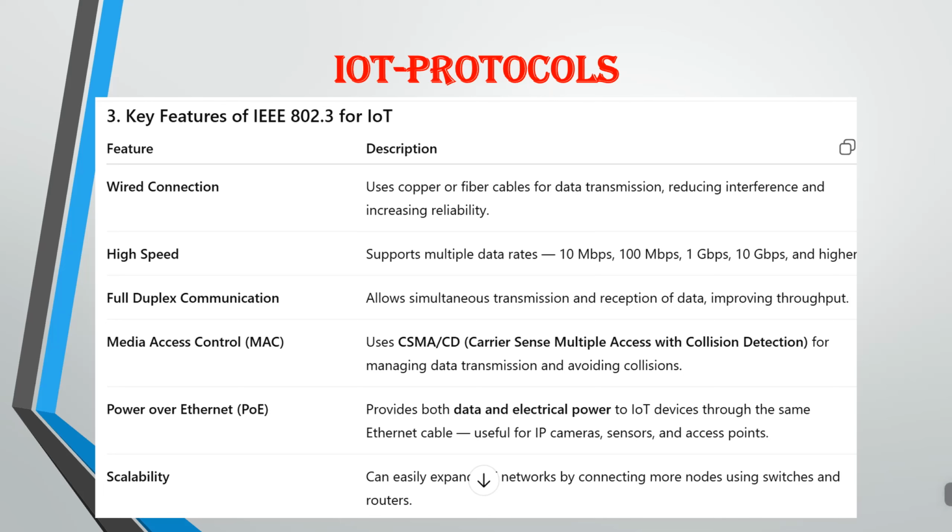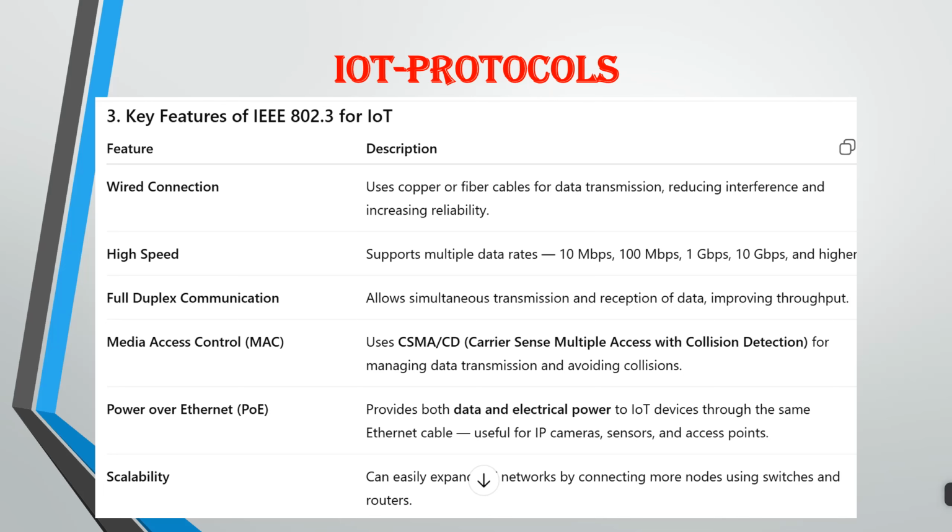So what is the meaning of PoE? It's one very important logic. Here electrical power is delivered to IoT devices through the same Ethernet cable. As I already mentioned, CSMA/CD is a wired communication which uses copper cable or fiber cable.